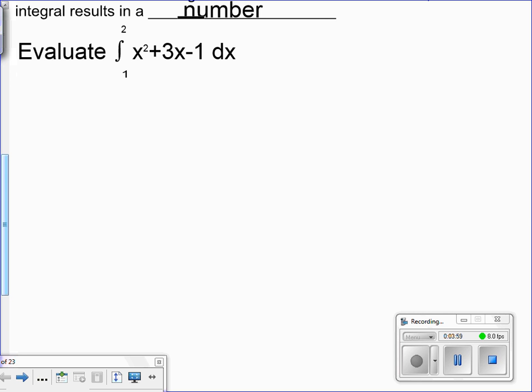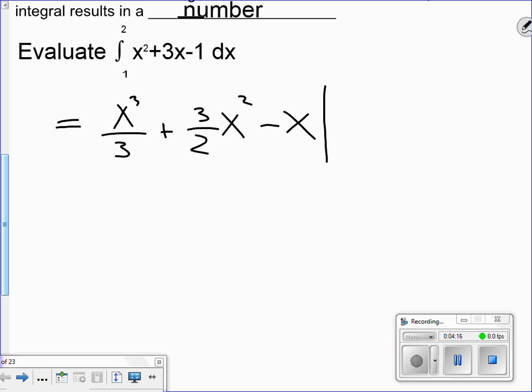Evaluate this definite integral. All right, who's going to tell me the antiderivative? My step 1. Gina. Correct. Nice. And then we draw the little line, evaluated from 1 to 2.